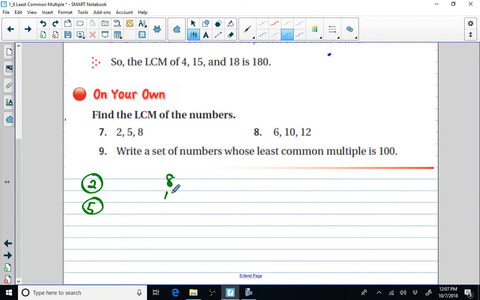But for 8, we would use 2 times 4, right? And 4 is 2 times 2. So we'd have 2 times 2 times 2. If I use each factor the greatest number of times it appears, I would have 3 powers of 2, and I have my 1 power of 5 here.